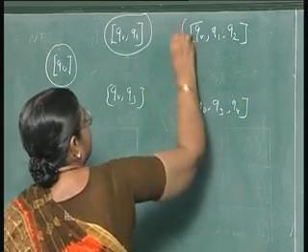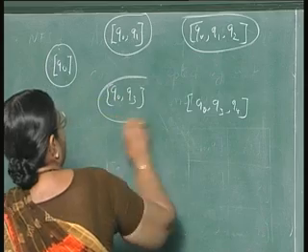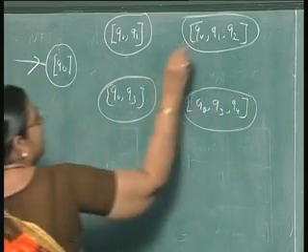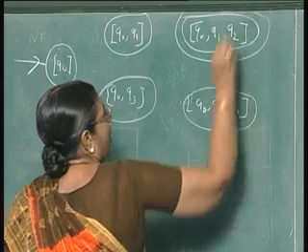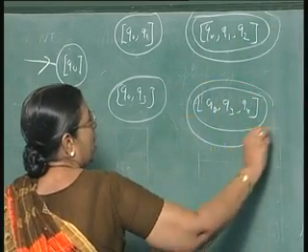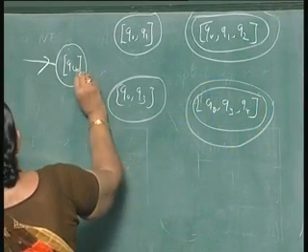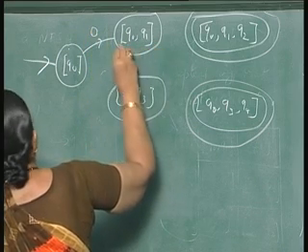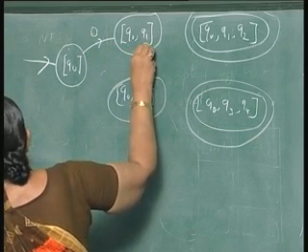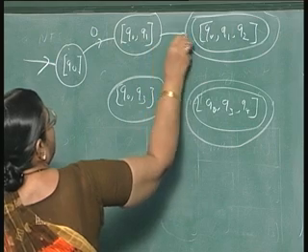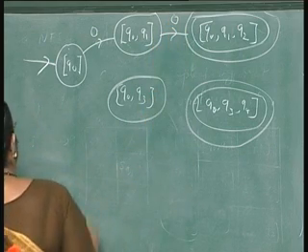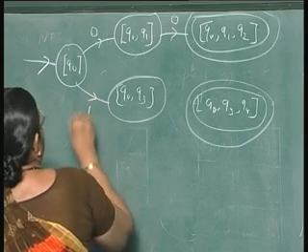Each one of them is a state. This is the initial state and these are final states. Mark the transitions. Q0 on 0 is this, and Q0 Q1 on 0 is this, Q0 on 1 is this.